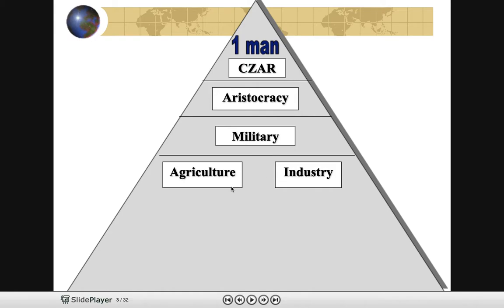And then underneath that, agriculture, so the farming, and industry, so factories and businesses. So in a country that's ruled with a czar, and especially Tsar Nicholas II, the czar's in charge, one guy, aristocracy second, where the money is, then the military, then the industry, business and farming.